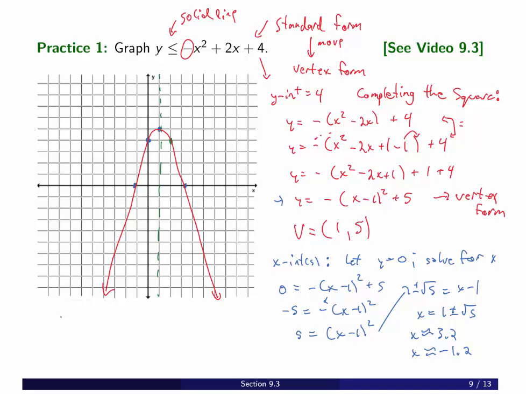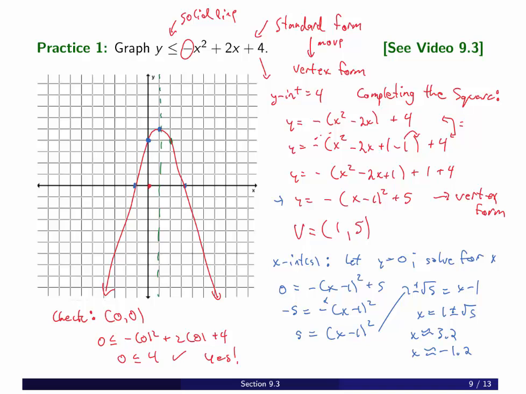But let's check using a point. I can use the point 0, 0. So check 0, 0. Plug that into the inequality. We get 0 is less than or equal to 4, which is obviously the case. Yes.